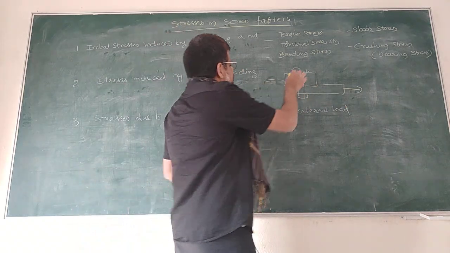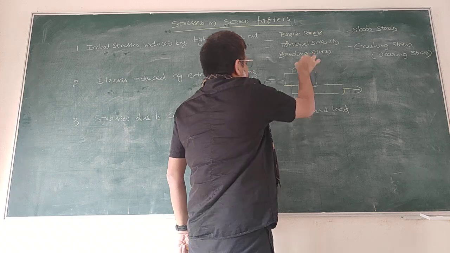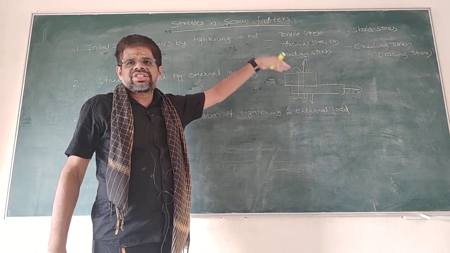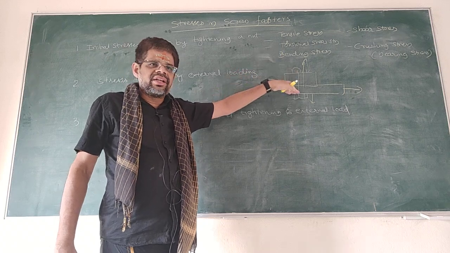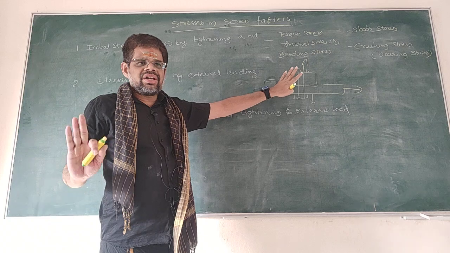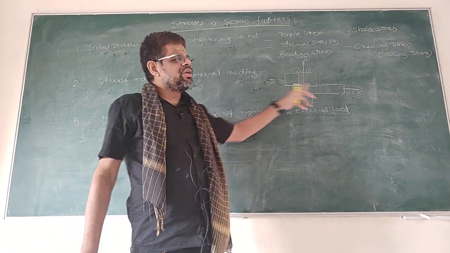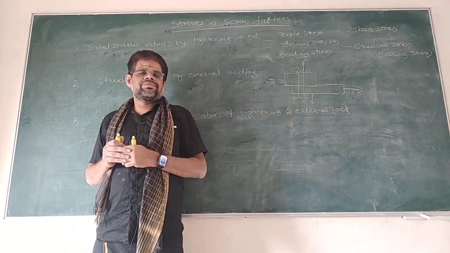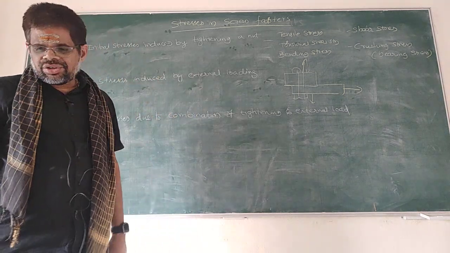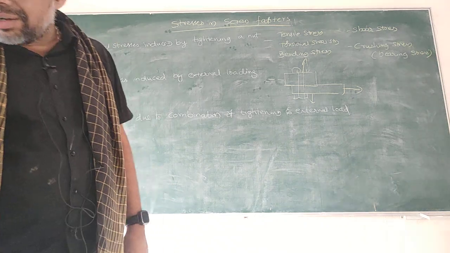Or if the loading is applied in this way, then it may fail due to tensile stress. So here the loading is external, not due to initial tightening. We have tightened it already and it is safe, but due to this external loading, it may break. So that is stresses due to external loading.